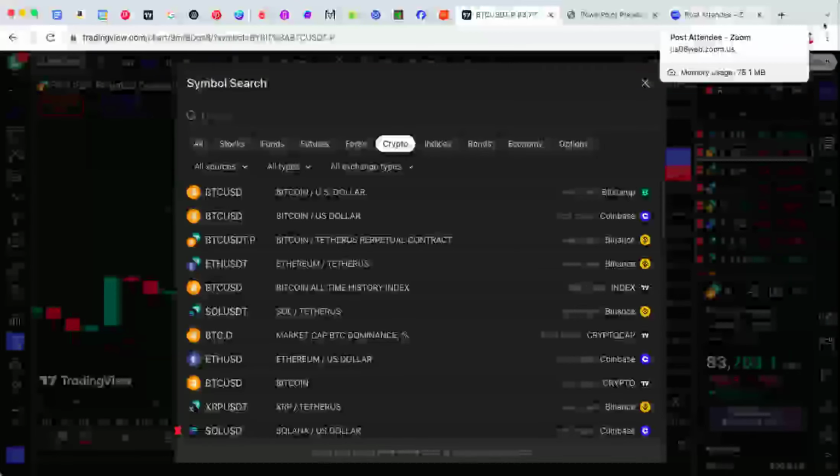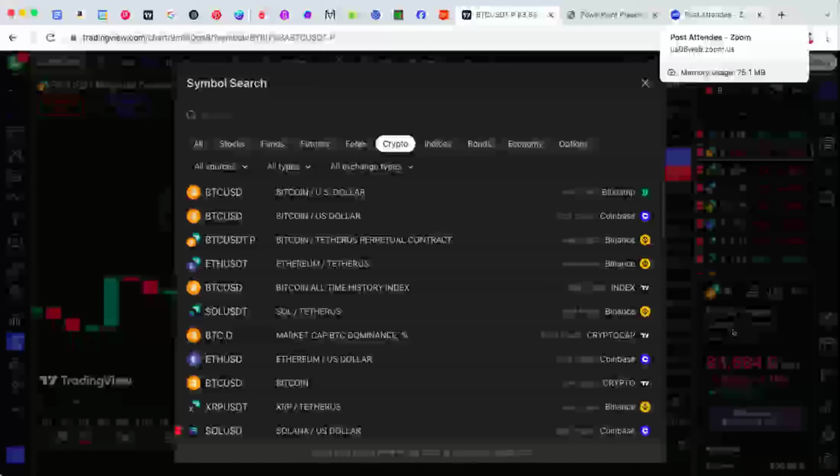So does anybody have a pair in mind that he or she wants us to look at? Someone said Notcoin. Another person also said yeah. Okay, so which one should we pick now? Should we go for the first one? Okay. No problem.